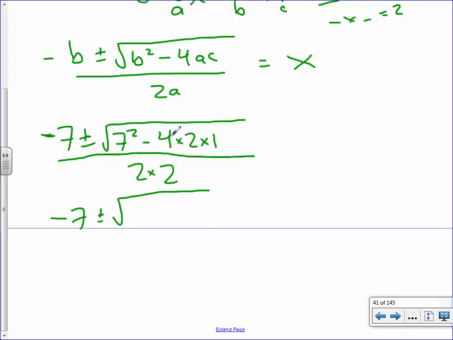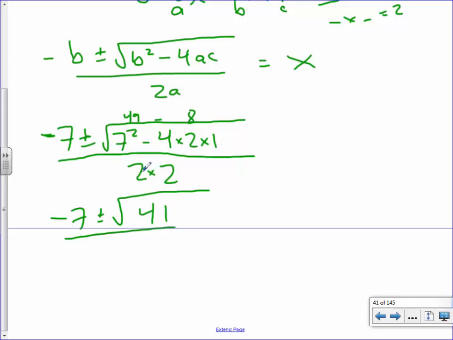Ignore the negative. Just go 4 times 2 times 1. Okay. So then if this guy right here is 49 and all of this is 8, 49 minus 8 should leave you with... Okay. Can you square root 41? Not nicely. Right? Like it's not like 9 or 16 or 36, like an actual square rootable number.